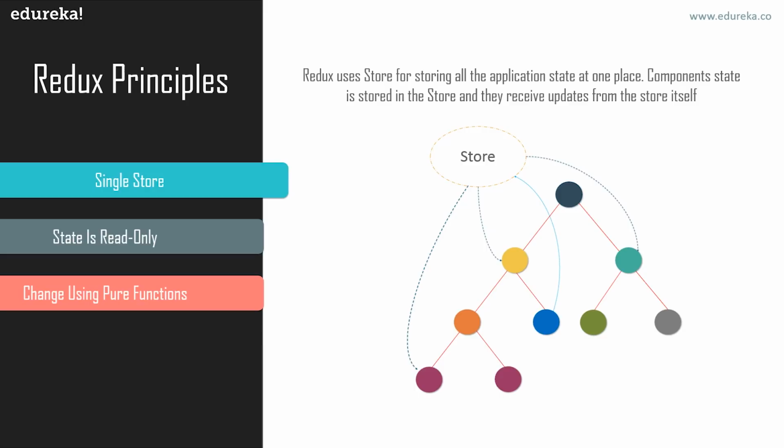If other components want to talk to that store for their state management, then they have to subscribe to that store. Then only they receive the updates from the store itself. In the diagram, you can see a tree showing multiple components. The state is managed in a single source of truth, that is the store. The store is a single entity over here. All the components' state is stored in the store and they receive the updates from the store itself.